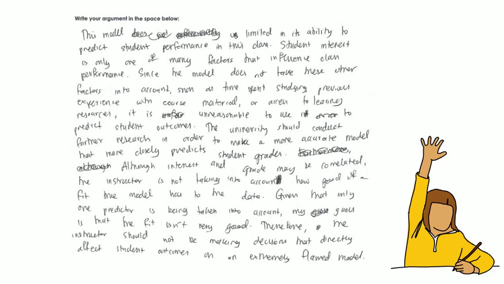The university should conduct further research in order to make a more accurate model that more closely predicts student grades. Although interest and grade may be correlated, the instructor is not taking into account how good of a fit the model has to the data. Given that only one predictor is being taken into account, my guess is that the fit isn't very good. Therefore, the instructor should not be making decisions that directly affect student outcomes on an extremely flawed model.